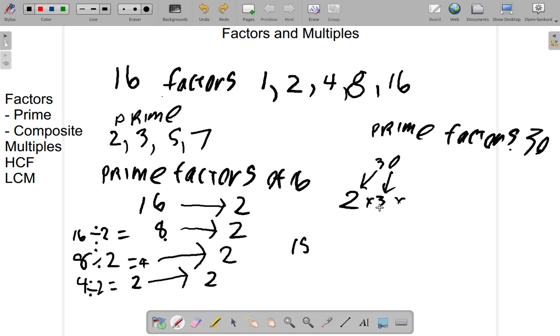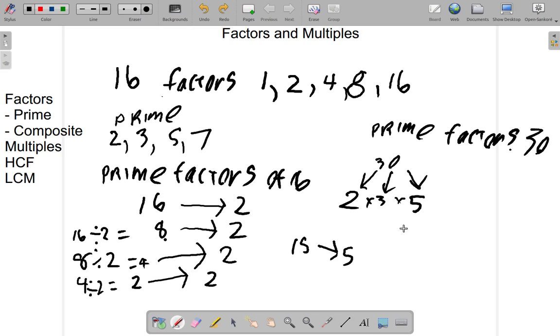So 3 will work. If you divide 3 into 15, you're left with 5. So 5 is another number. 2, 3, 6, 6, 5, 30, and all of these multiply out to give you 30.